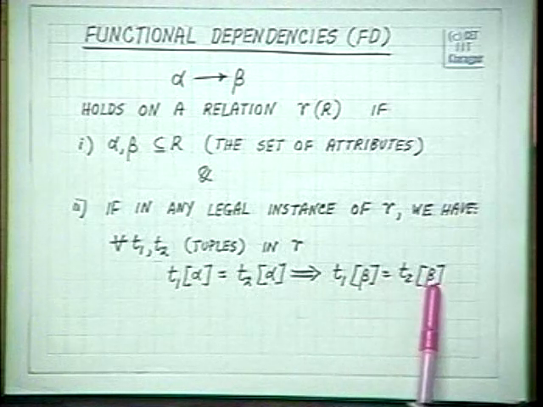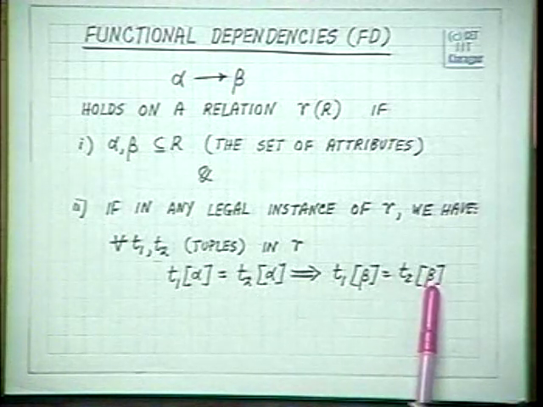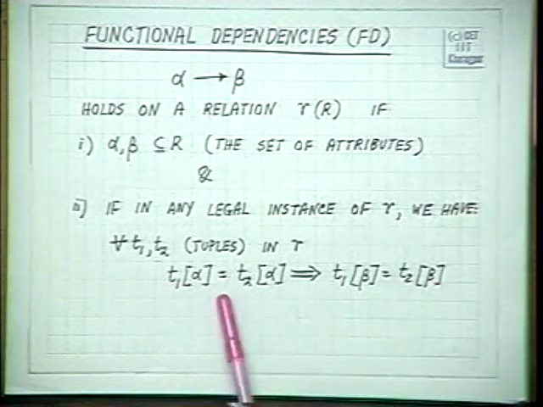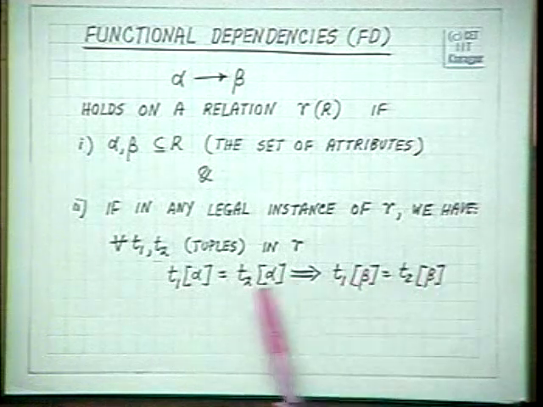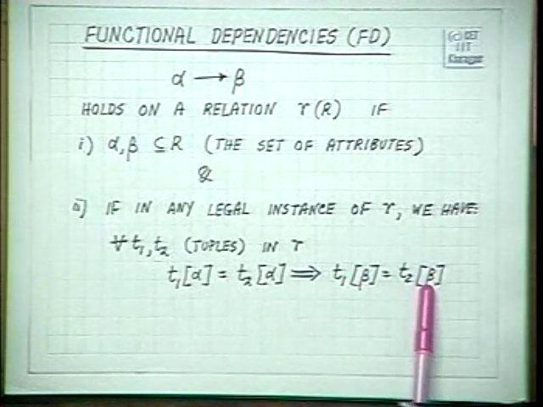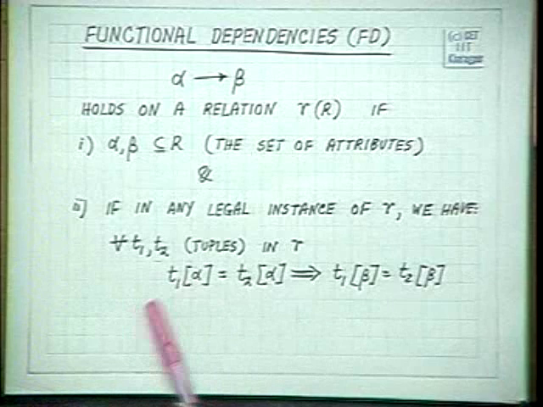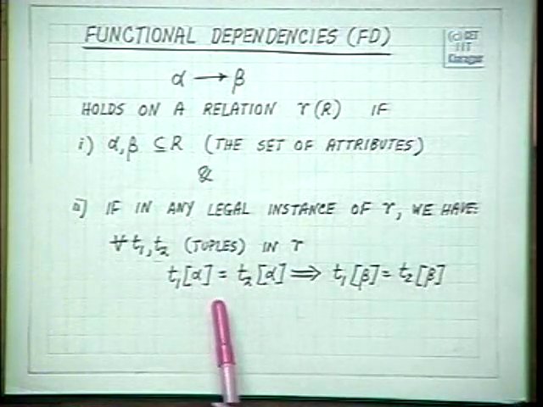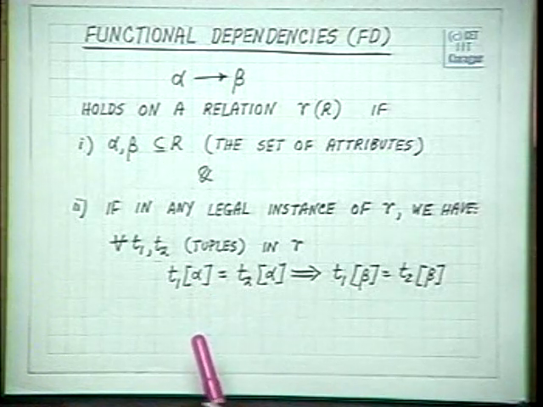But if these two are equal, this must be equal, which also means that if these two are unequal, this must be unequal. It is the same meaning. If these two are equal, this must be equal, is the same as if these two are unequal, this must be unequal. So, this is the definition of what a functional dependency is.